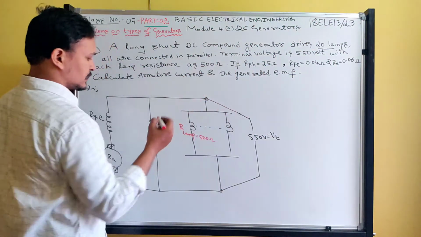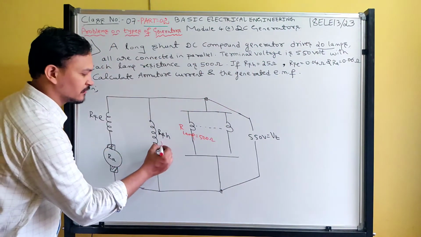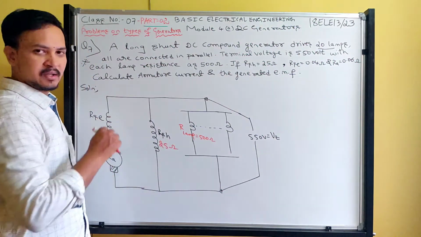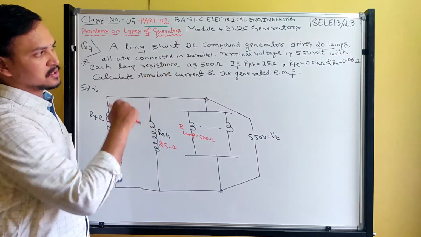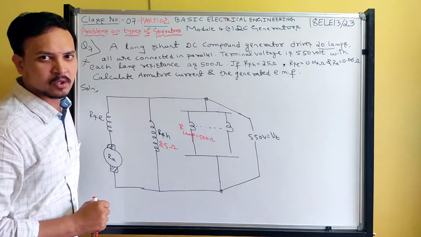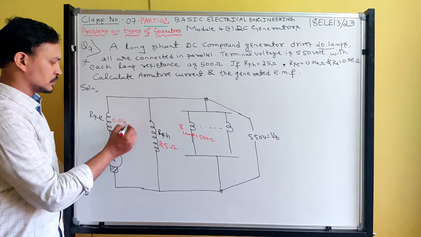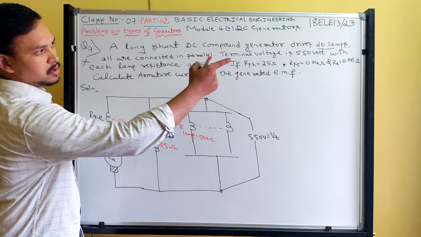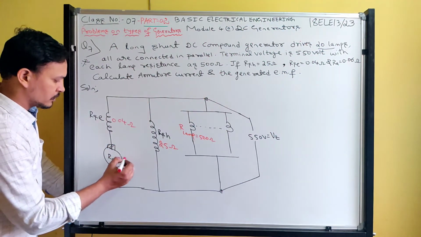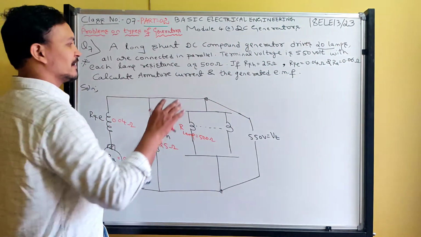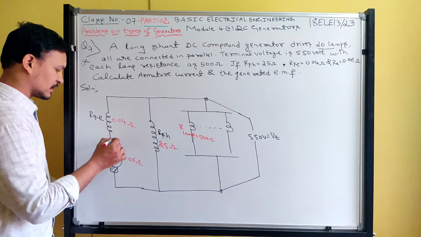The shunt field resistance is 25 ohms. The series field resistance RSC is 0.04 ohms, and the armature resistance is 0.06 ohms. And they are asking us to calculate the armature current.